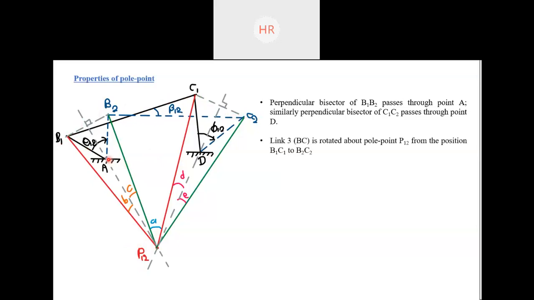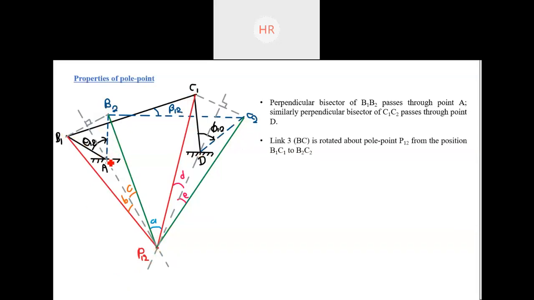If we select the third position of this mechanism, then there will be a second pole point. This center of rotation will always keep changing for different positions. The position of P12 just mentioned is only for this mechanism, with this first position and second position.